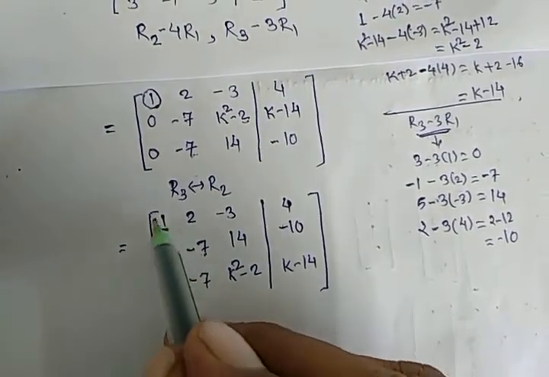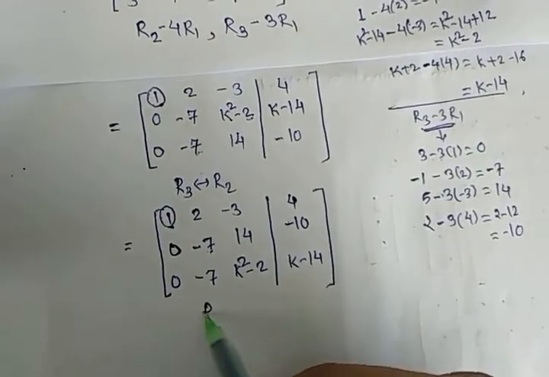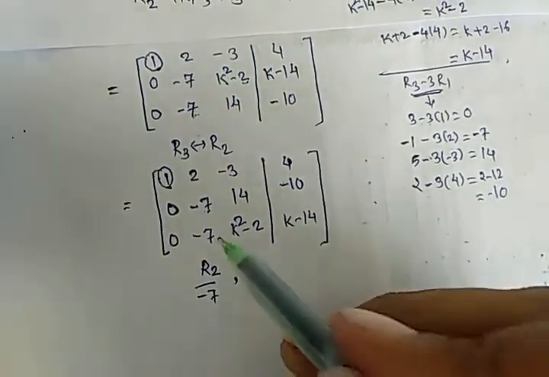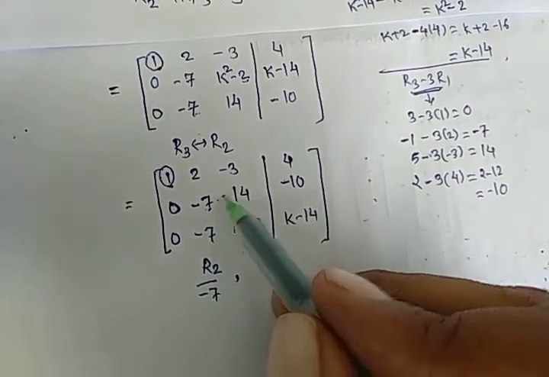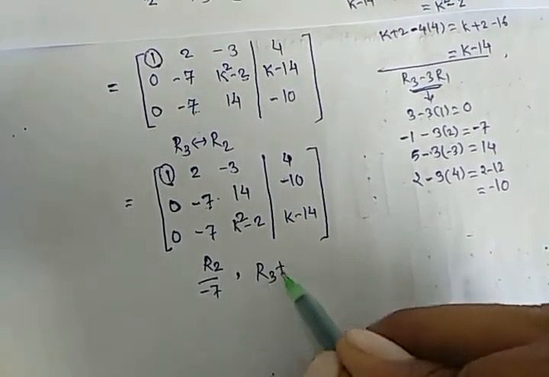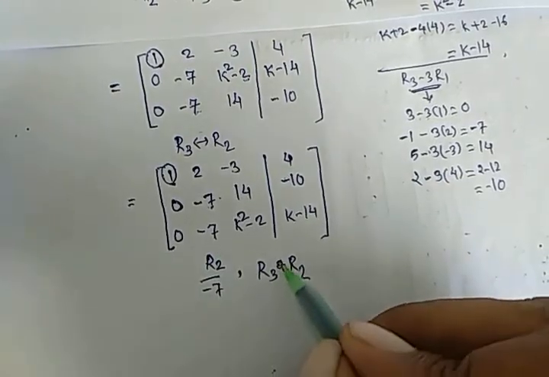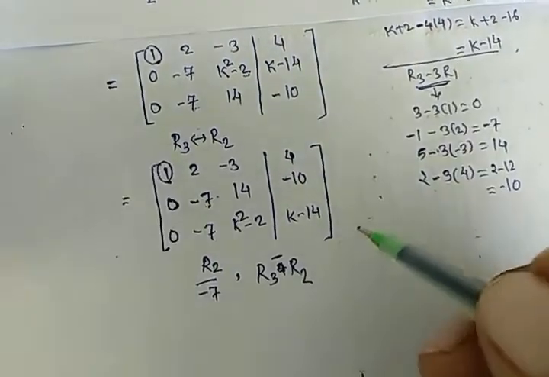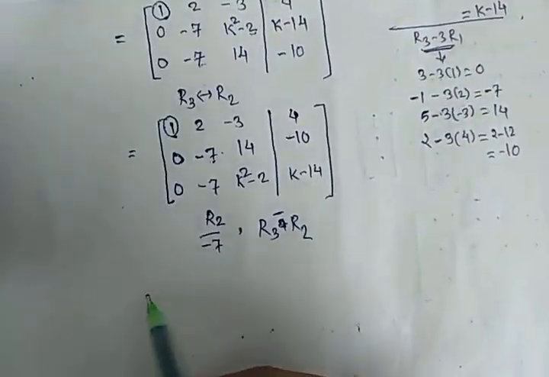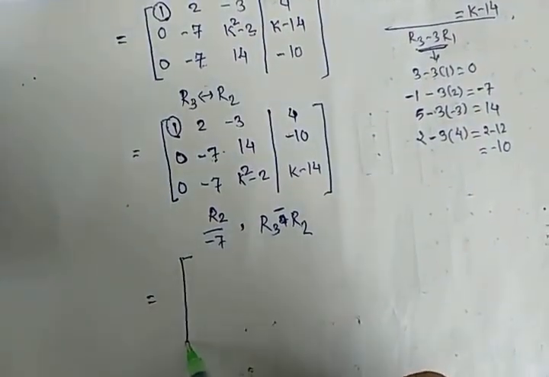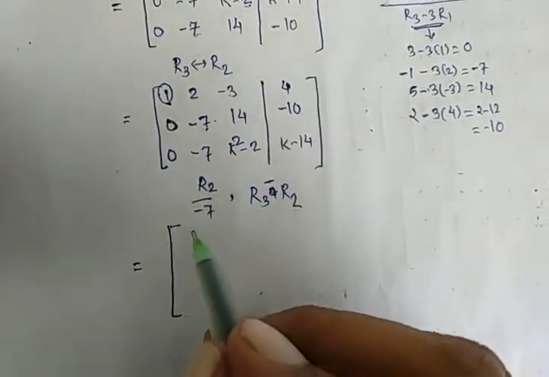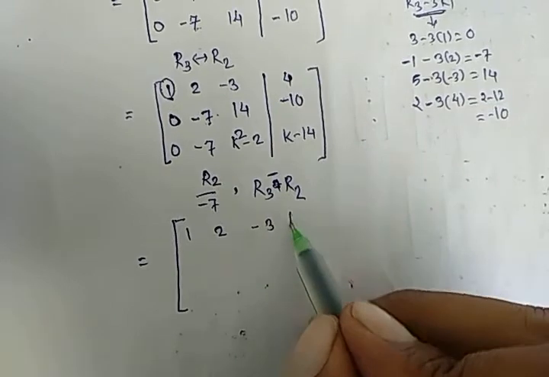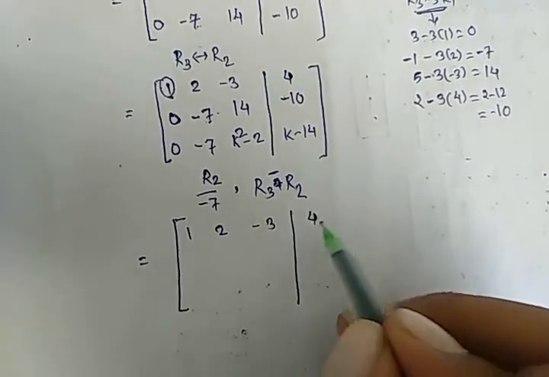Okay, now here it is a non-zero term, so we make leading one by dividing R2 by minus 7. So divide R2 upon minus 7, and at that time also we can do R3 minus R2, because minus 7 will become 0. So we get a matrix: first row as it is, 1, 2, minus 3, and 4.